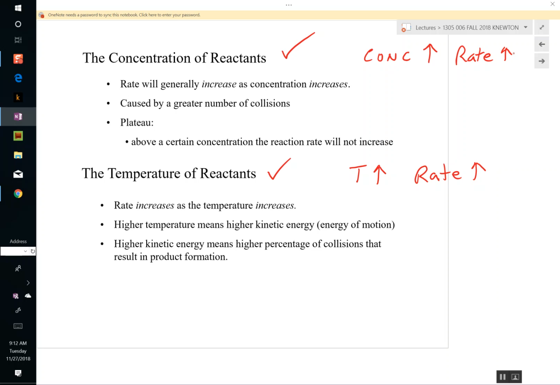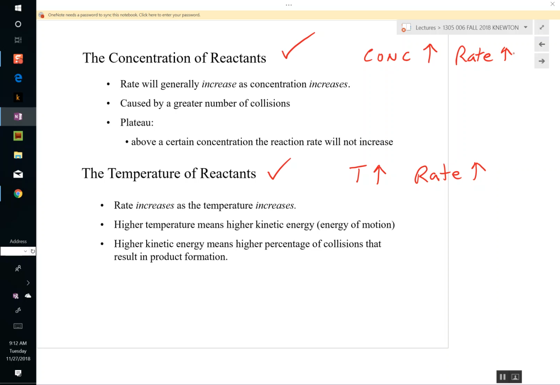What is temperature doing? Now get in my mind and think about this. What does temperature do to those molecules? It increases the energy. What does that do to those molecules? They move faster. So now they're slamming into each other harder.